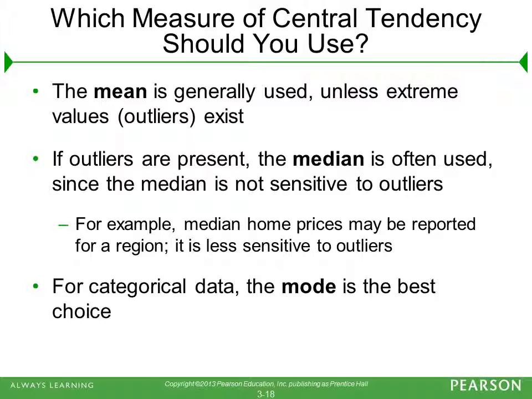So the mean is used where there are no extreme values or outliers. If you see outliers, then you would use the median. In categorical data, we make use of the mode.